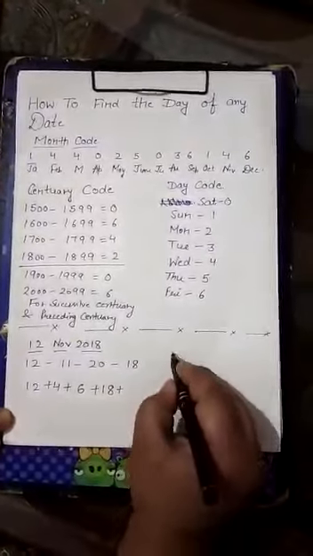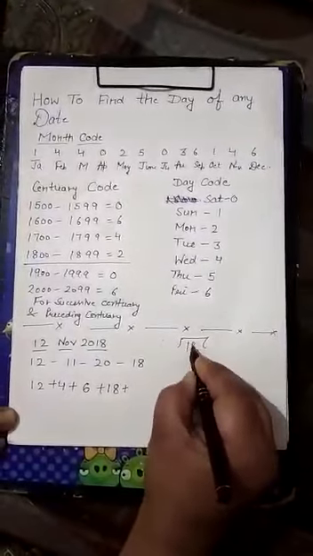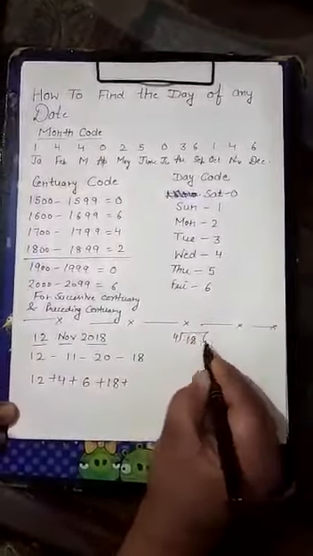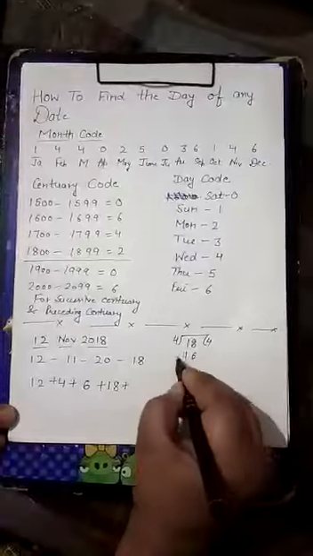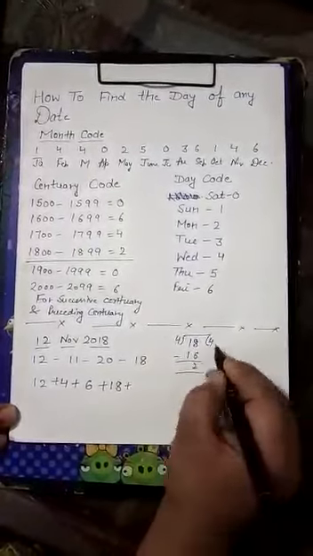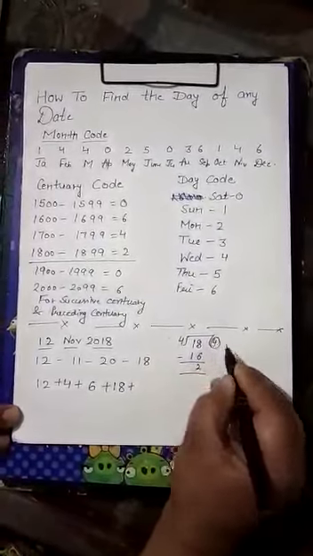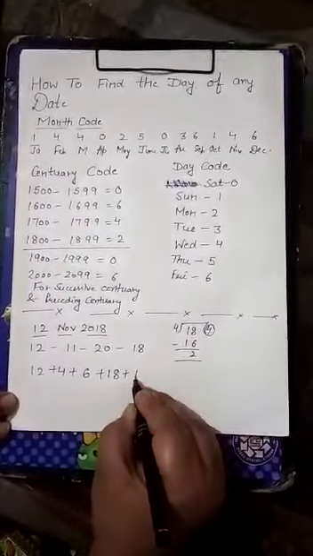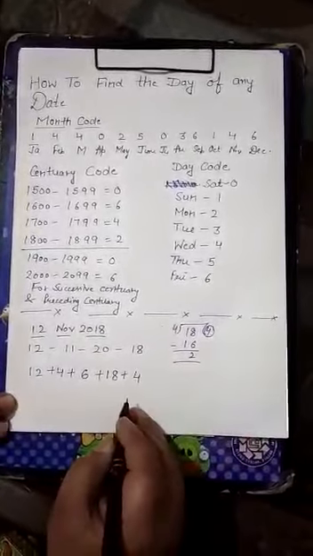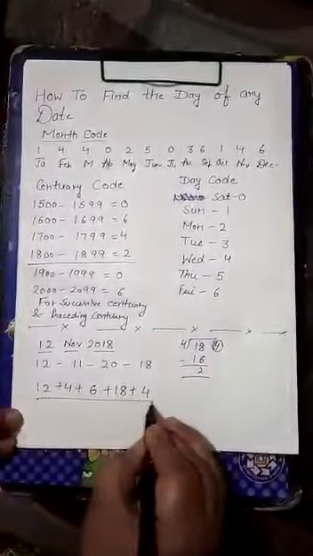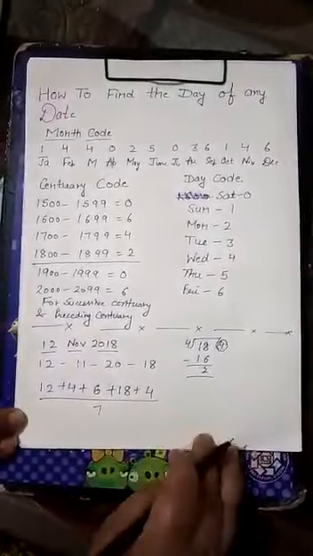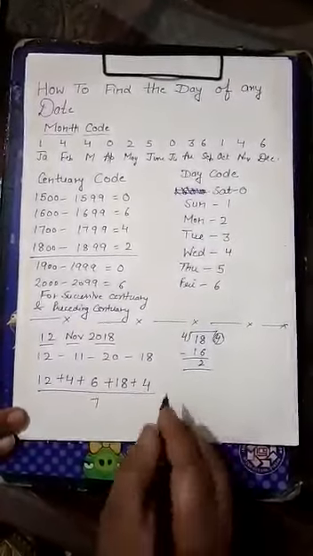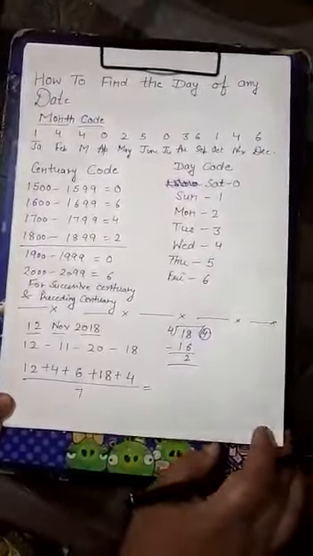So you have to divide 18 by 4, and 4 fours are 16. So you will find that 4 leap years are there. At last you have to divide by 7 because there are 7 days in a week.